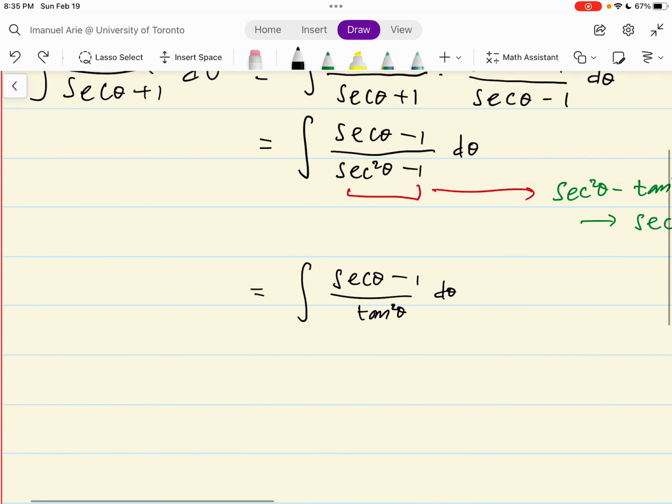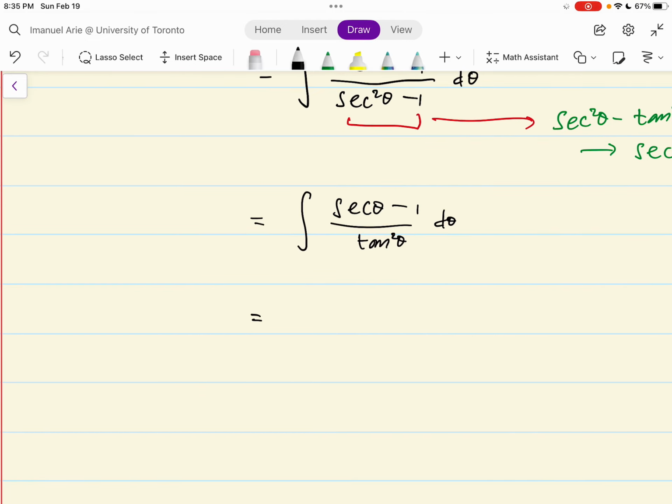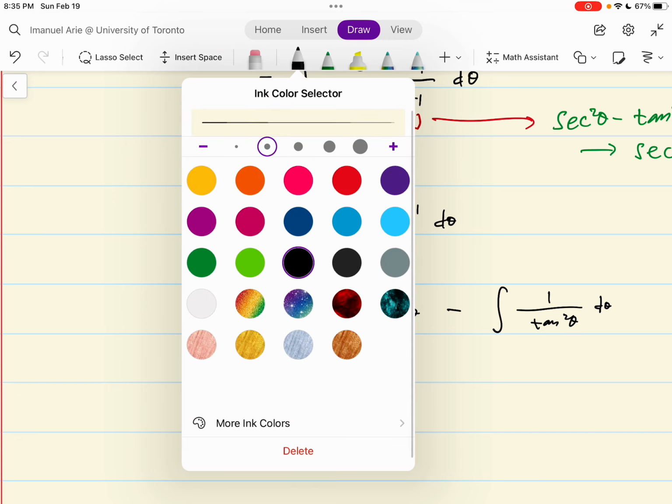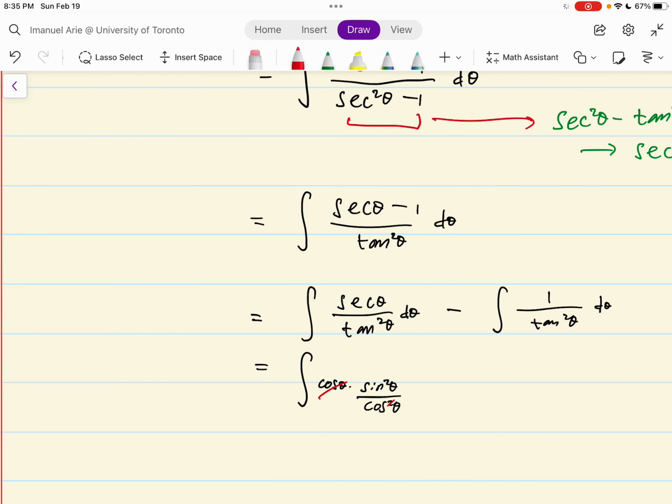Okay, so let's see. If we split the integral into two different integrals, again, 1 over tangent squared theta is equal to cotangent squared theta, and secant theta is equal to 1 over cosine theta. So this one is definitely canceled.